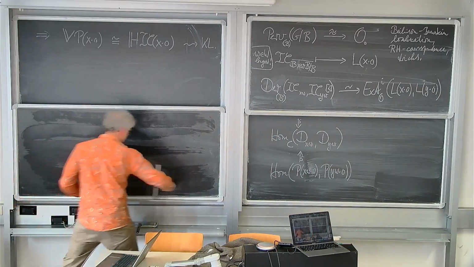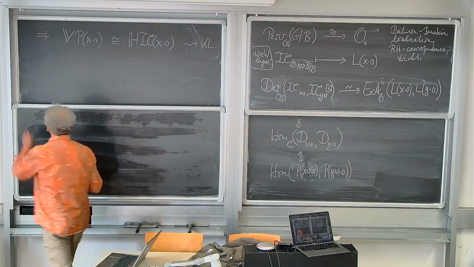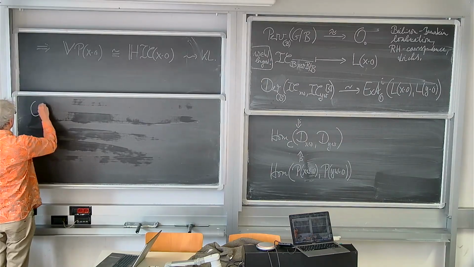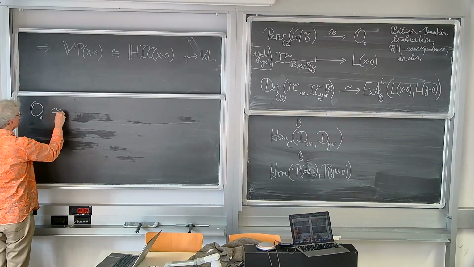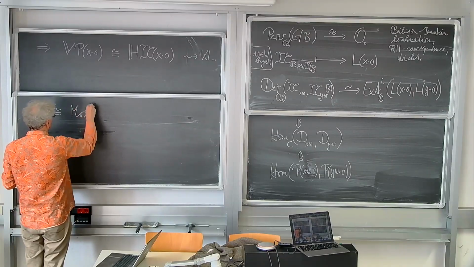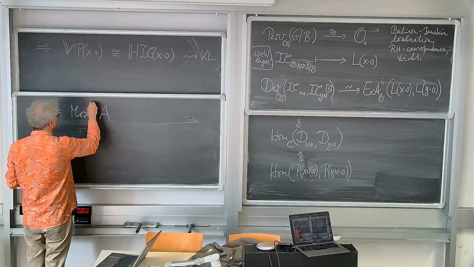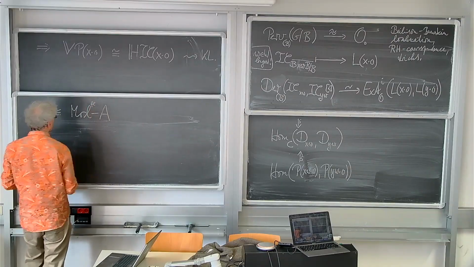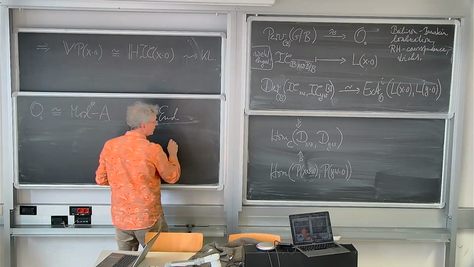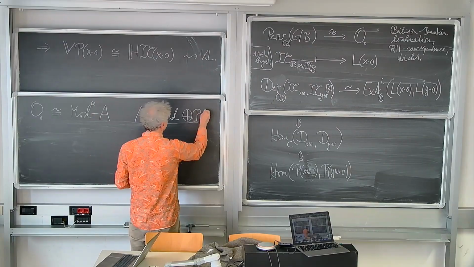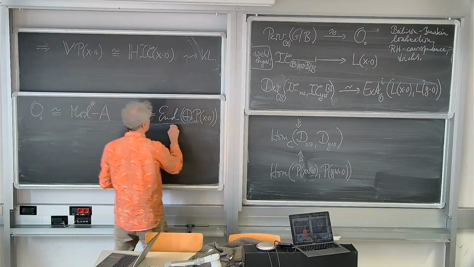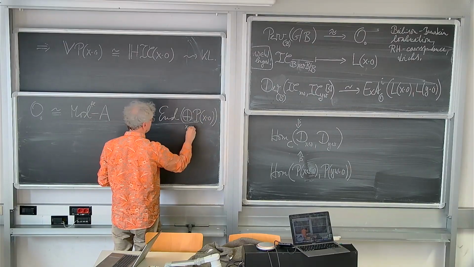The general theory was that the category O, say O_0, would be equivalent to right modules of a finite length algebra A, where A is the endomorphism ring of the direct sum of these projective objects, x dot 0.